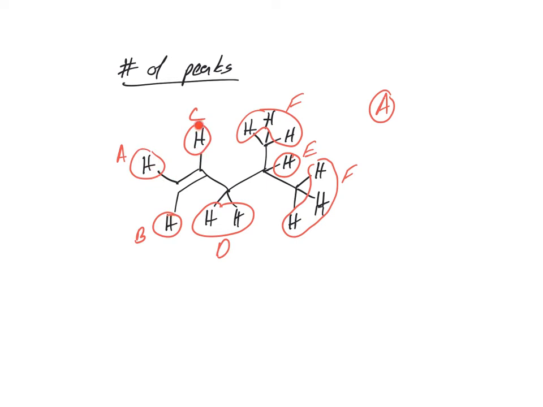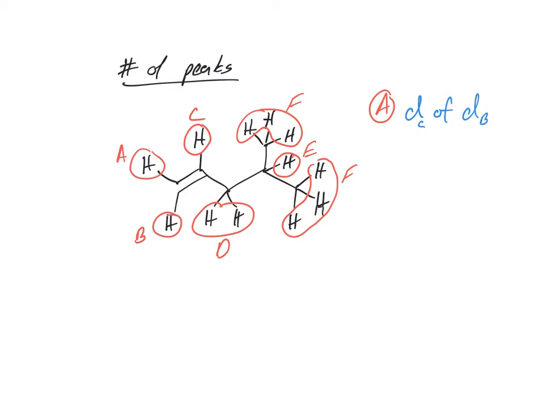So A, what's C going to do to A? It's going to turn A into a doublet. And what's B going to do to A? Turn it into a doublet. And you can even put a little subscript so you know who's talking to who.